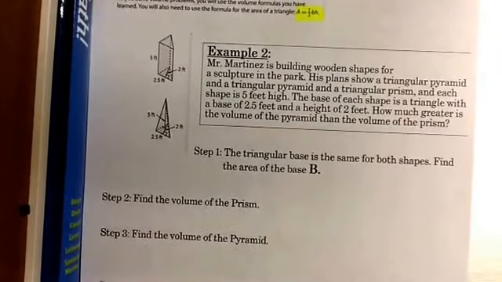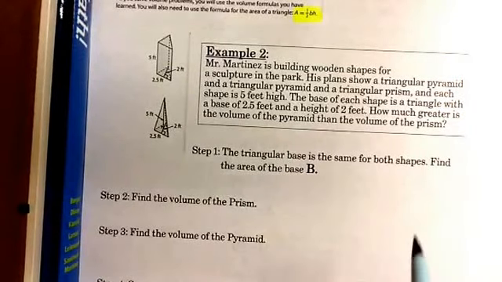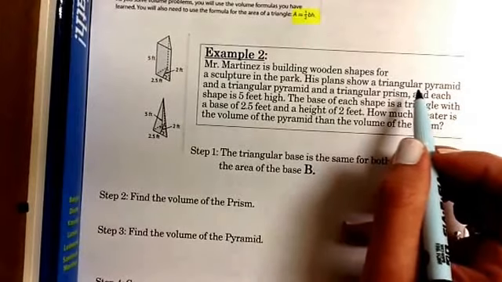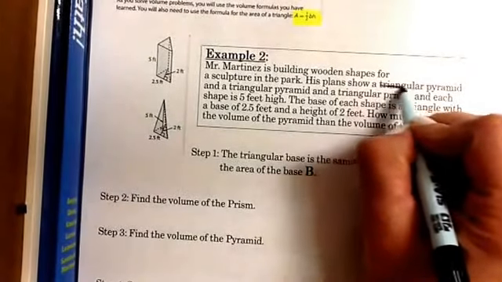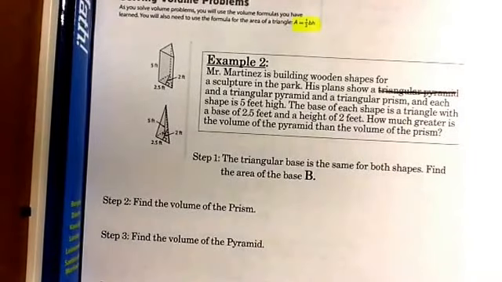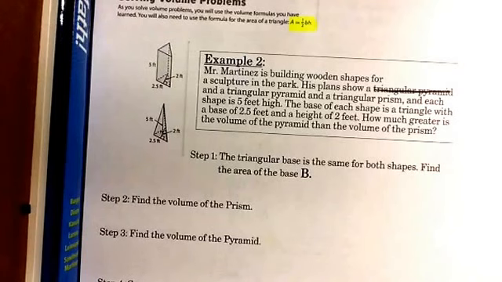In example 2, there's a typo. So I just want to point out that you need to cross out this first triangular pyramid because I accidentally typed it twice. Okay, so in example 2 it says, Mr. Martinez is building wooden shapes for a sculpture in the park.